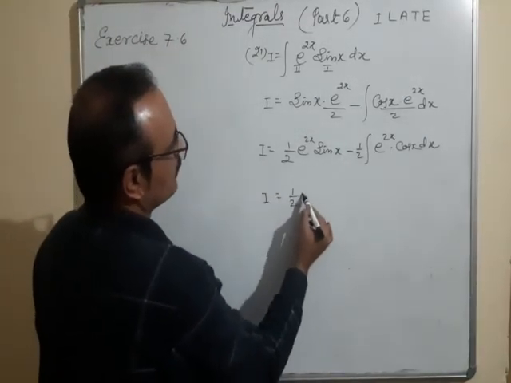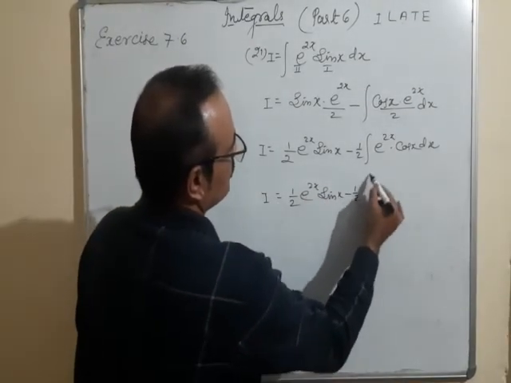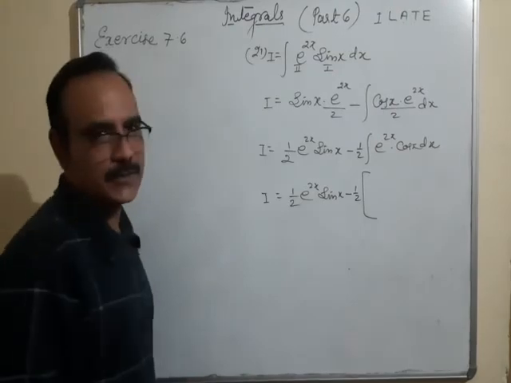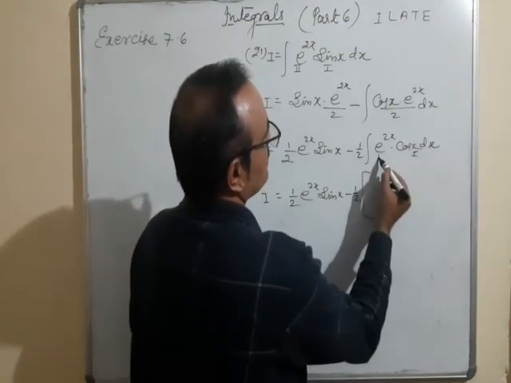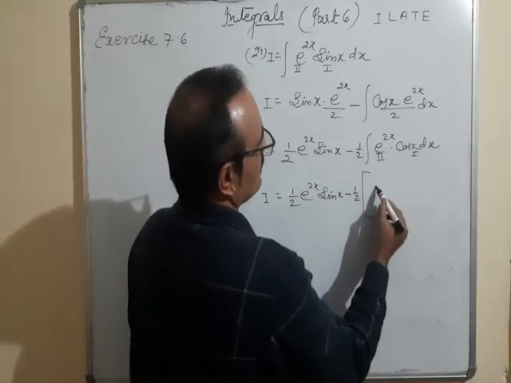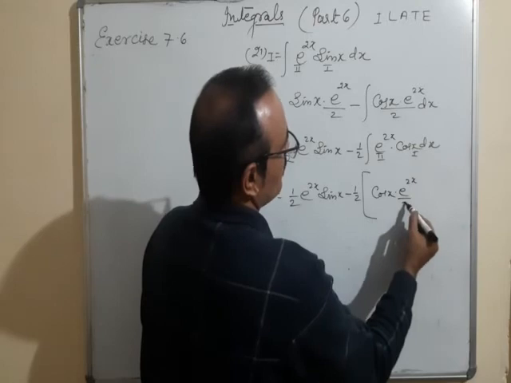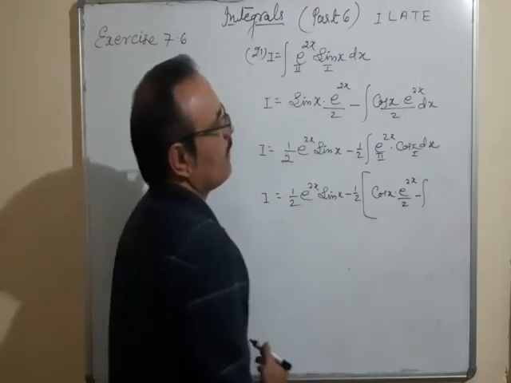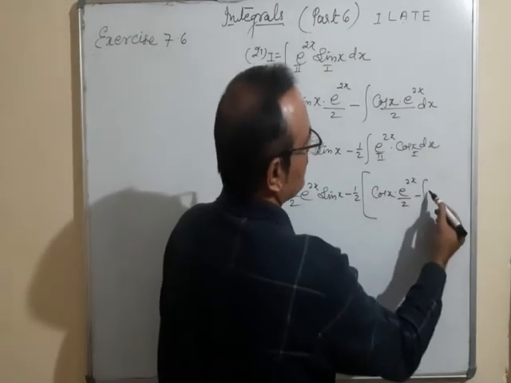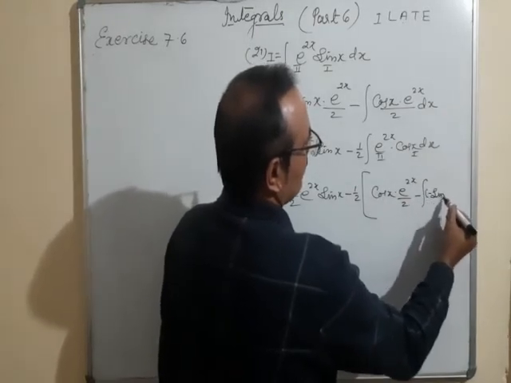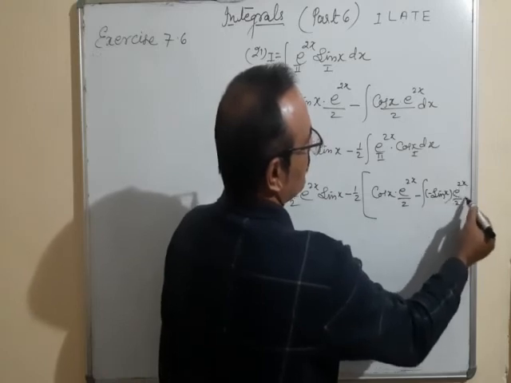1 upon 2 e to the power 2x sin x minus 1 upon 2, again using integration by parts. First function cos x, integration of second function e to the power 2x upon 2, minus differentiation of cos x, that is minus sin x, and integration of second function e to the power 2x upon 2 dx.